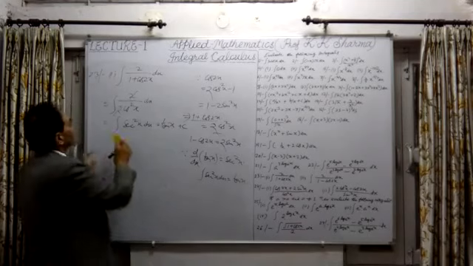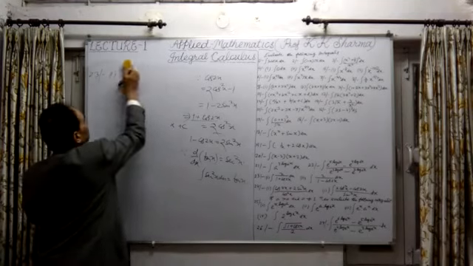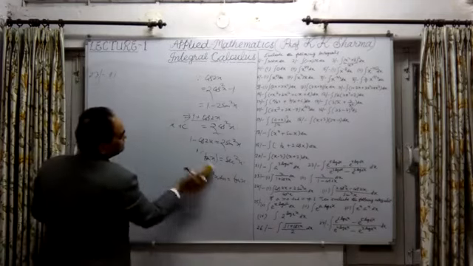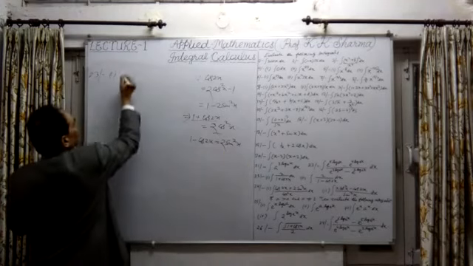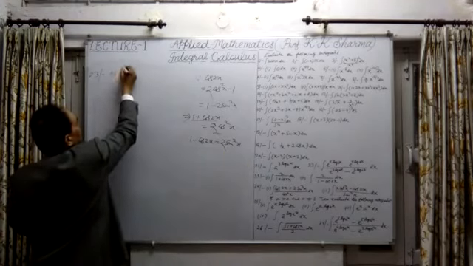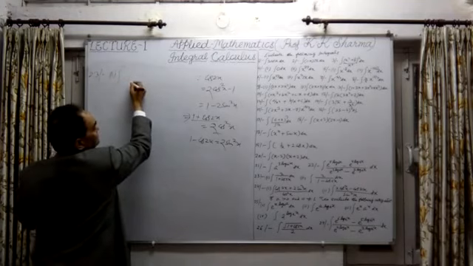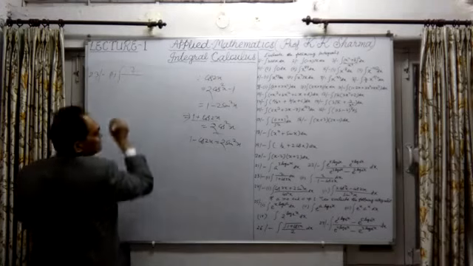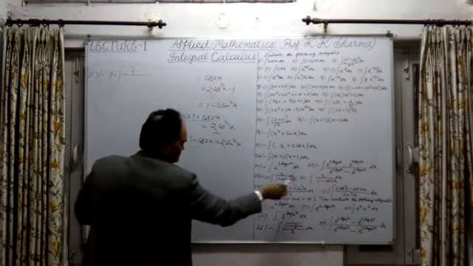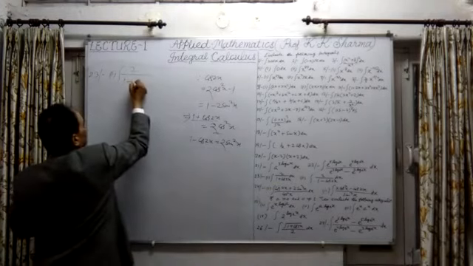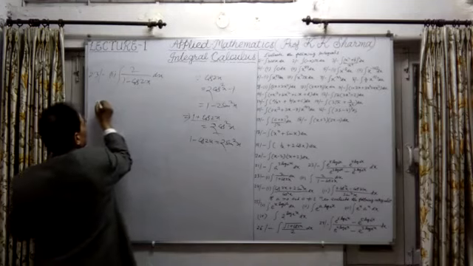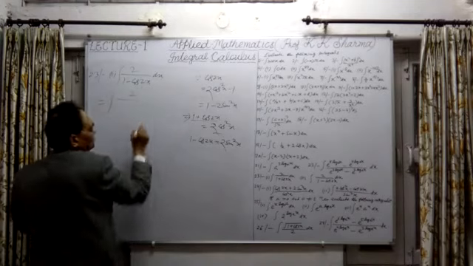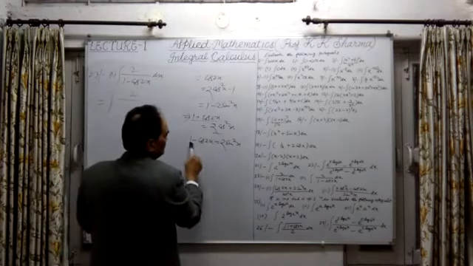Now the second part of this, let me write what is the second part. This is the integration of 2 upon 1 minus cos 2x into dx. Now this denominator, 1 minus cos 2x, I have already defined.